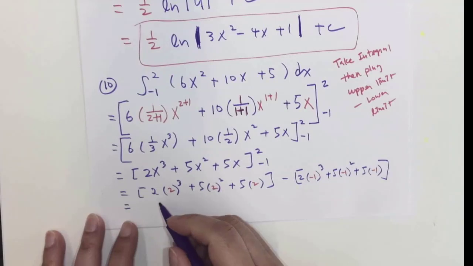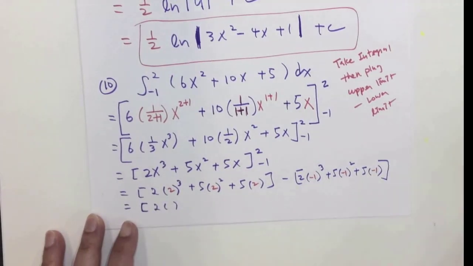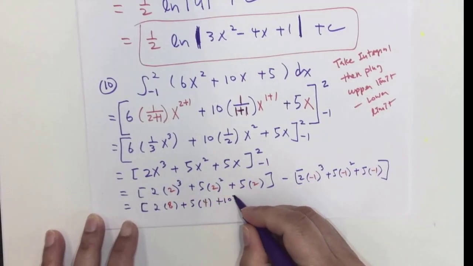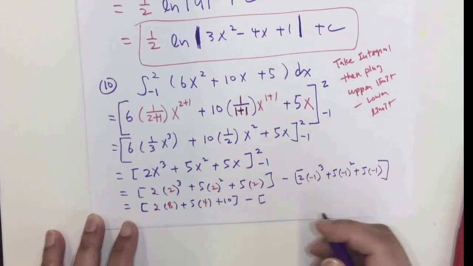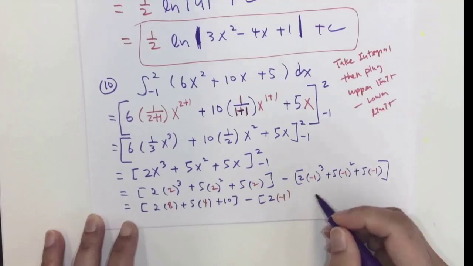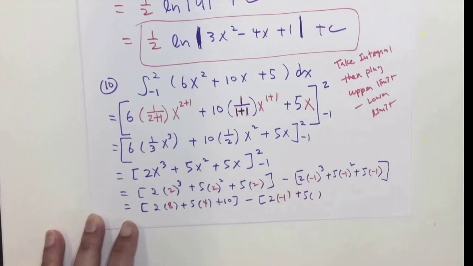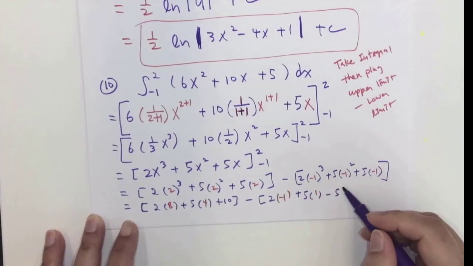I'm just going to write a little bit more stuff for you in case you're confused. 2 times basically 8 plus 5 times 4 plus 10. Need to subtract. This is 2 times -1 plus 5 times 1 minus a 5.